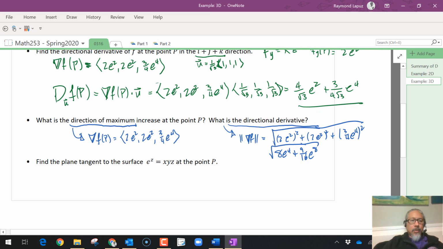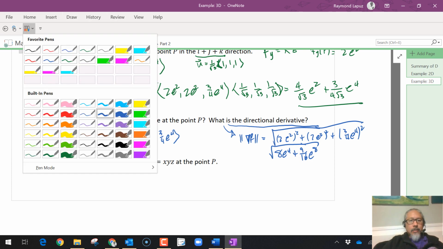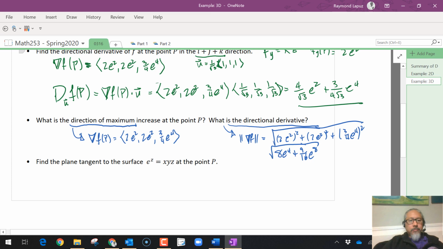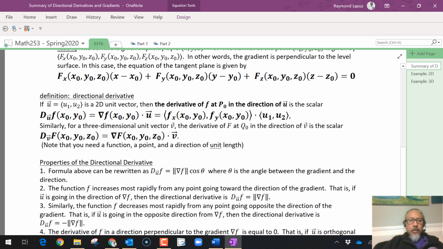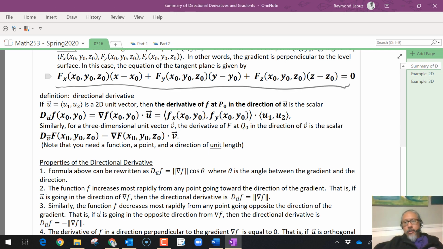Finally, they want the tangent plane. So let's go ahead and figure that out. If you remember looking back at our summary, the tangent plane can be given by this formula. We got this formula here, so let's go ahead and set that up.